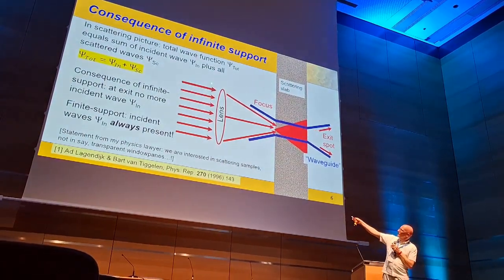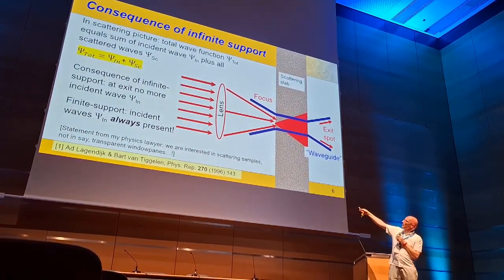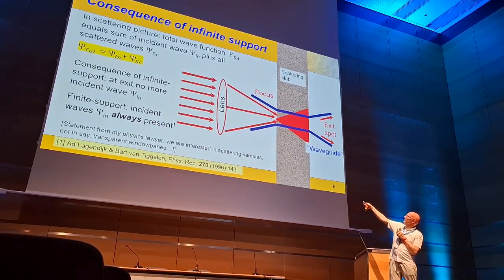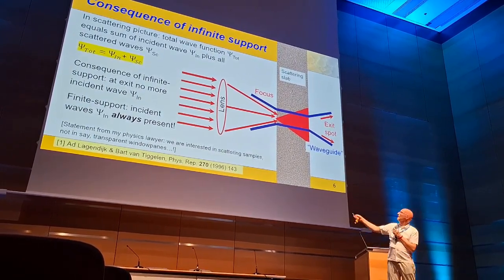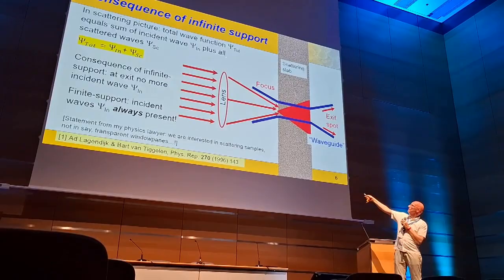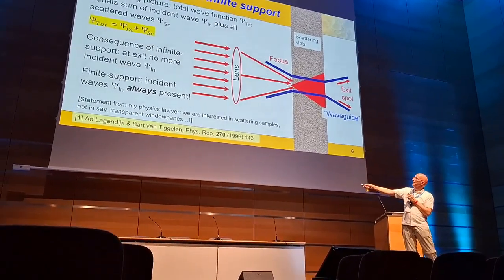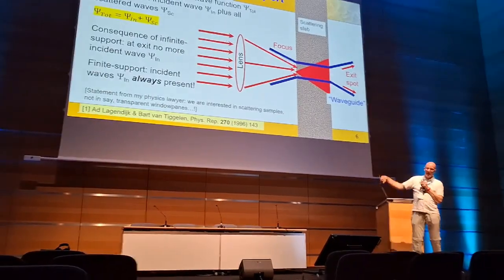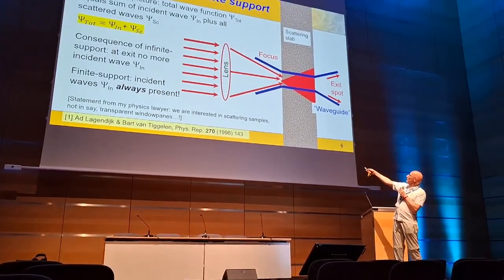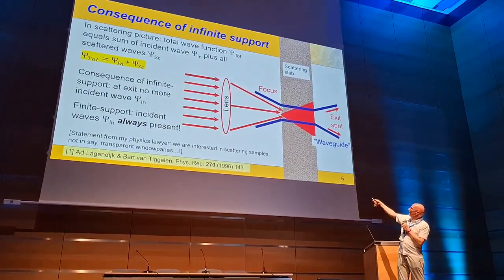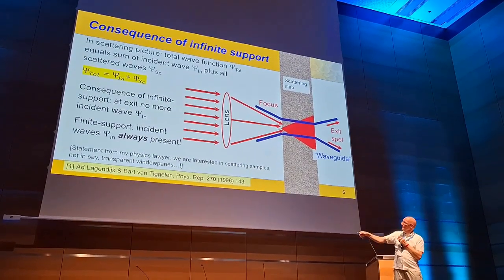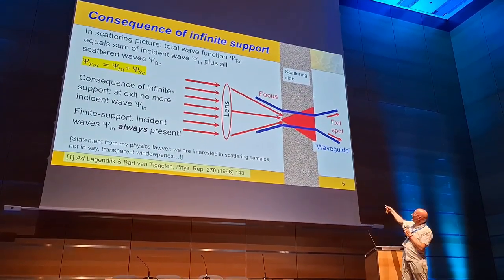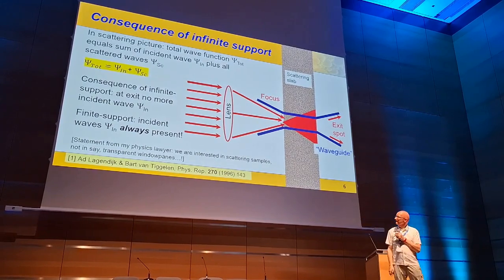So in this scattering picture, we say that the total wave function, so this is not necessarily quantum mechanical at all, this is in fact a classical wave, typically the E field, H field if you like, equals the sum of the incident wave that you send in from your laser, light modulator, going to the sample, and then the light is scattered, so there's a scattered wave, and both of them together give you the total wave.